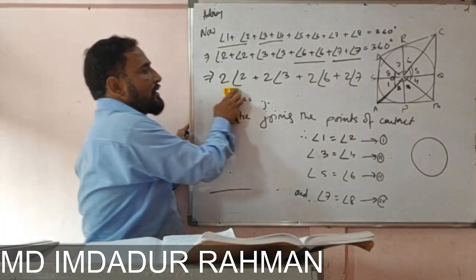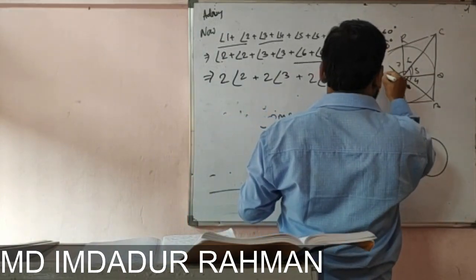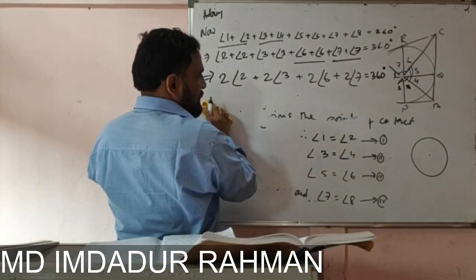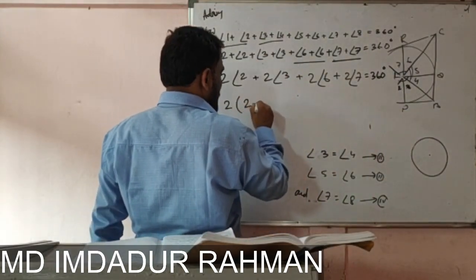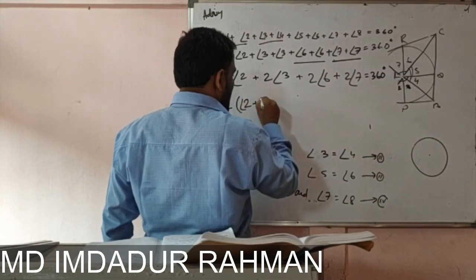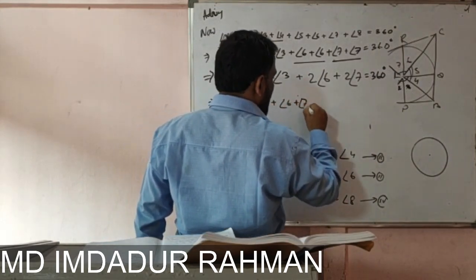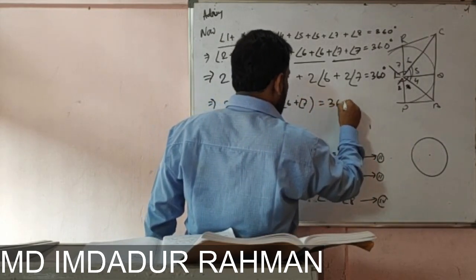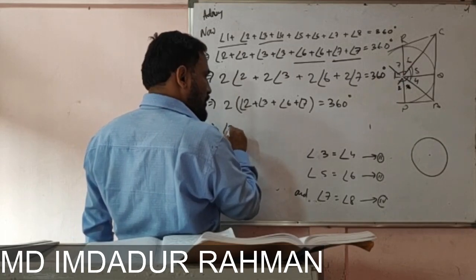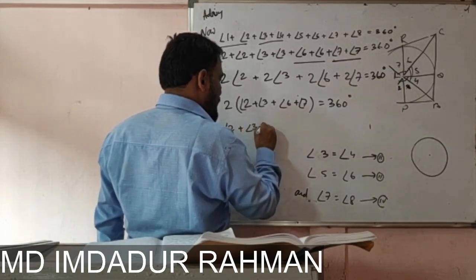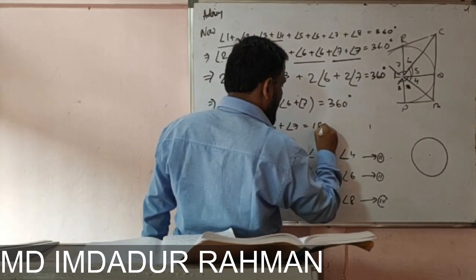So now take 2 common. 2 times angle 2 plus angle 3 plus angle 6 plus angle 7 is equal to 360 degrees. This implies angle 2 plus angle 3 plus angle 6 plus angle 7 is equal to 180 degrees.